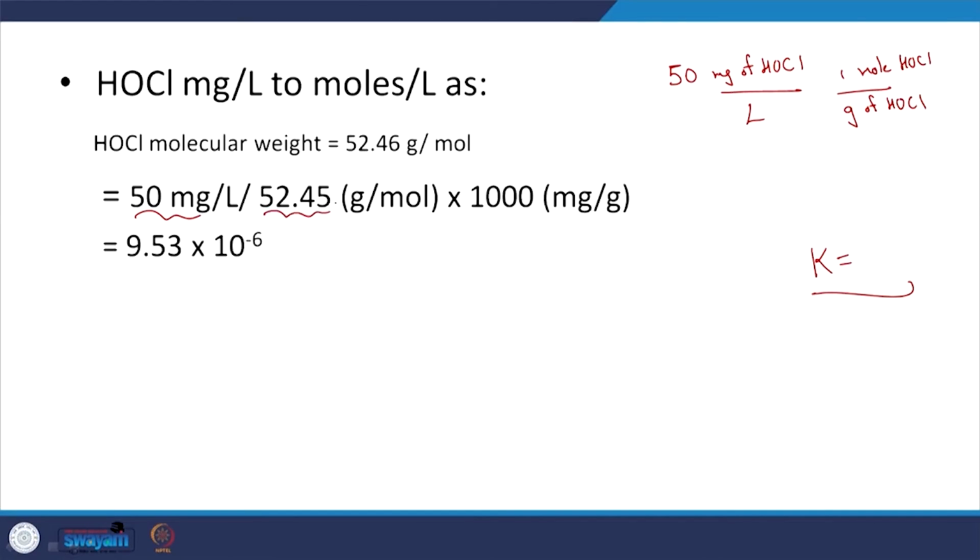So, looks like it is 52.45, H is 1, O is 16 and Cl is 35.45. So 17 plus 35.45, yes, 52.45. So that's 52.45 grams of HOCl per mole.